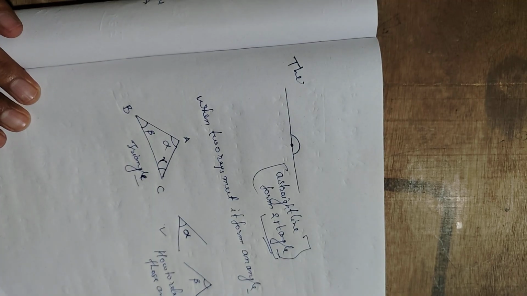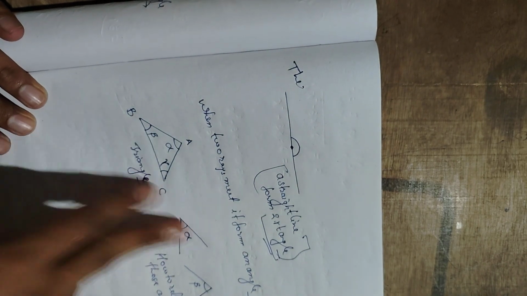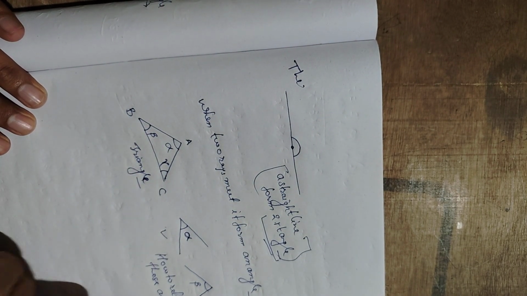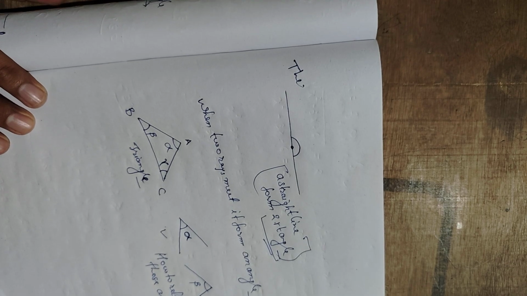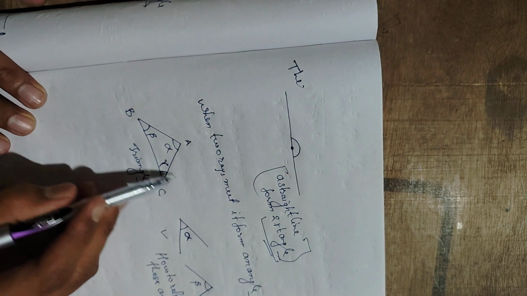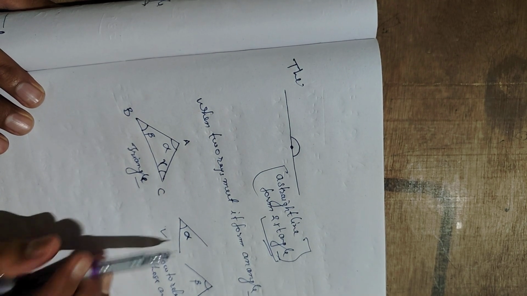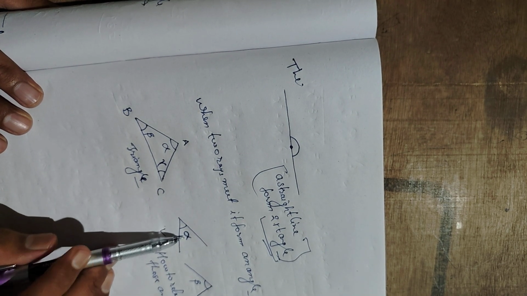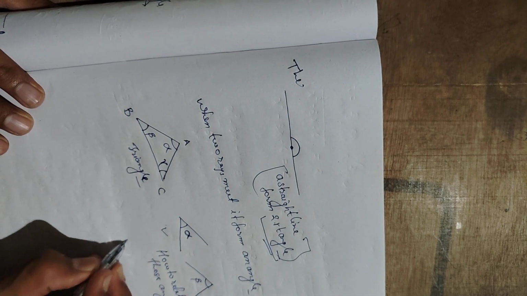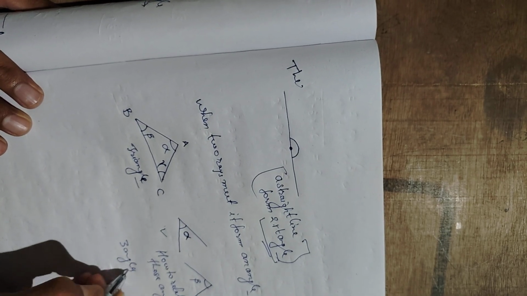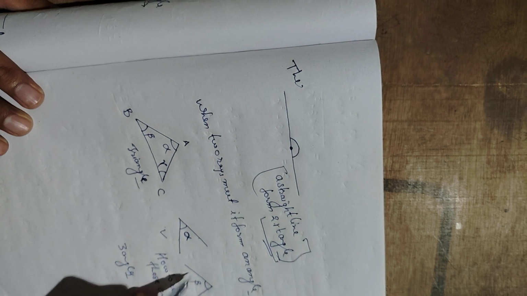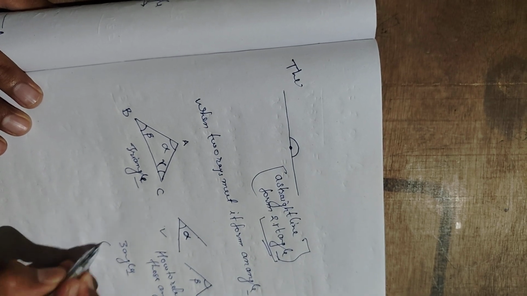So what's special about forming a triangle? We have to deal with three angles and three sides, six things in all: 1, 2, 3, 4, 5, 6.